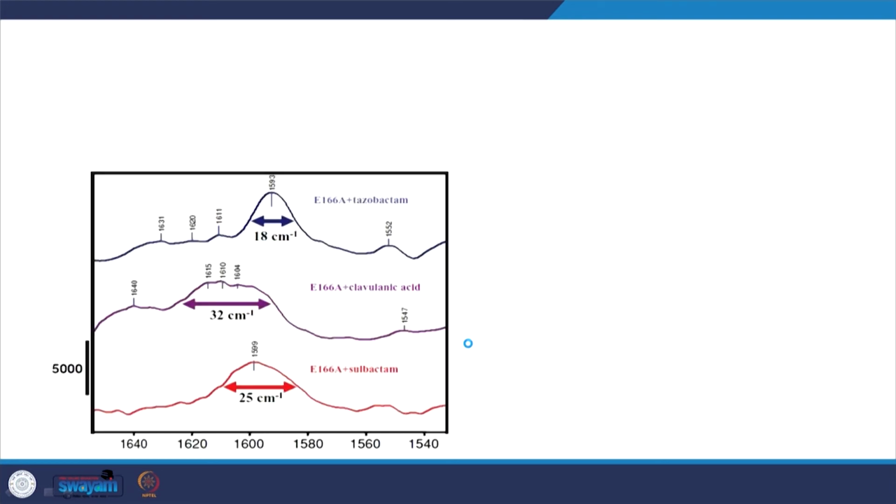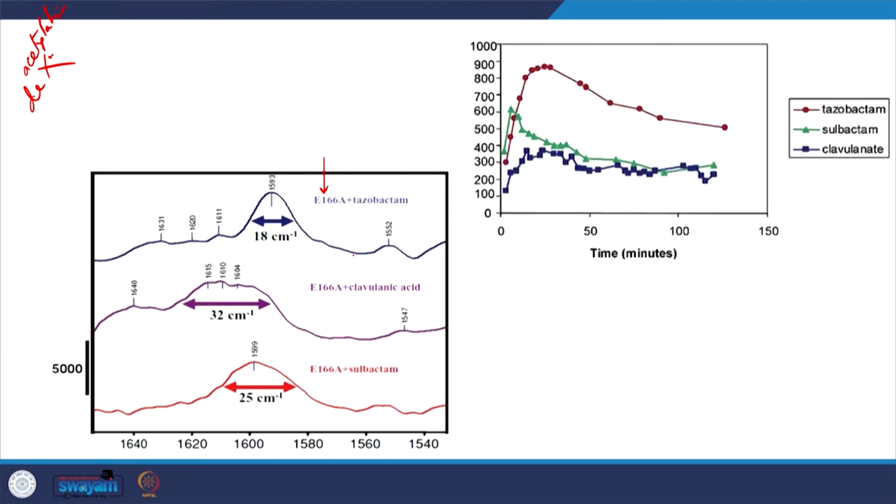And if you see now, we have used a mutant. Why do we use a mutant? Because we want to stop the reaction. If you see the mechanism, there is an acetylation step and a deacetylation step. We stop the deacetylation by making this glutamate to alanine mutation, and we see that when we have recorded, there is a change in the span as well as a change in the peak.